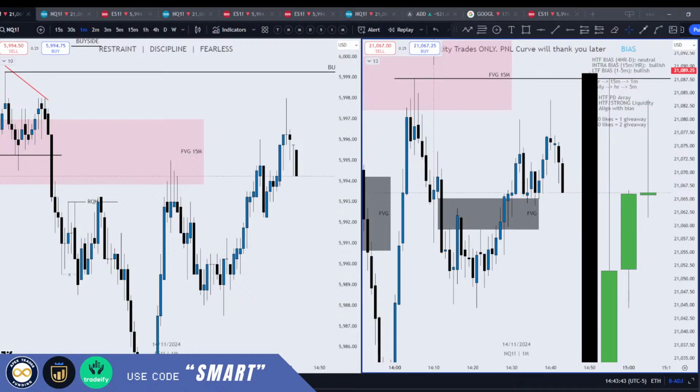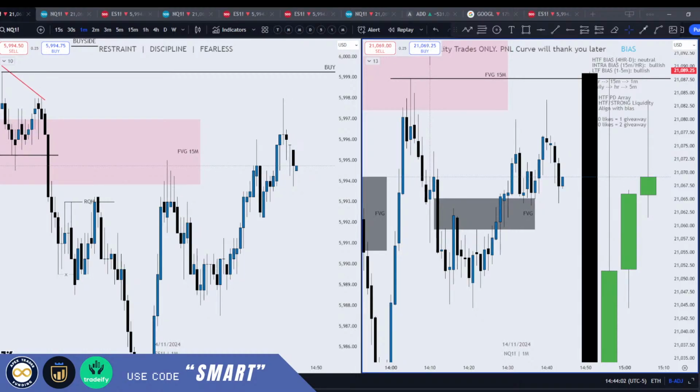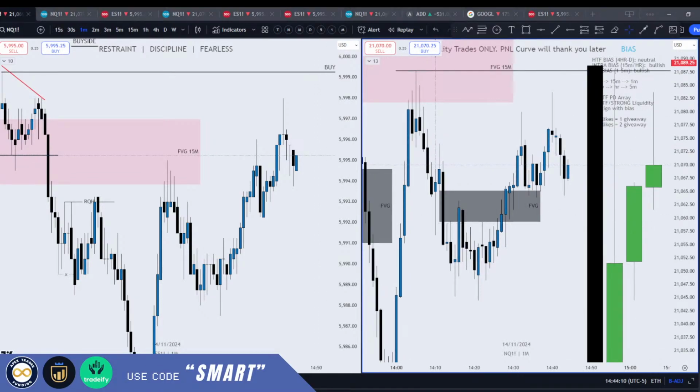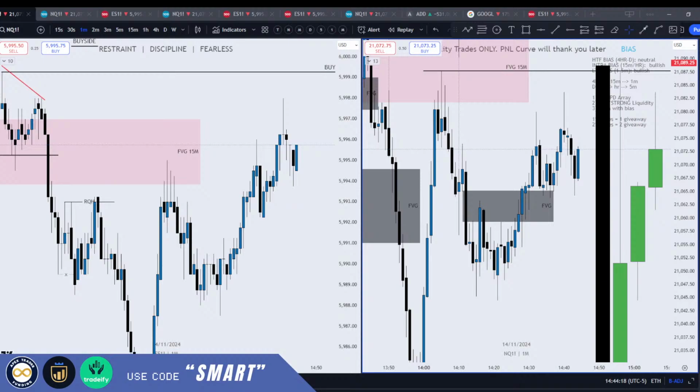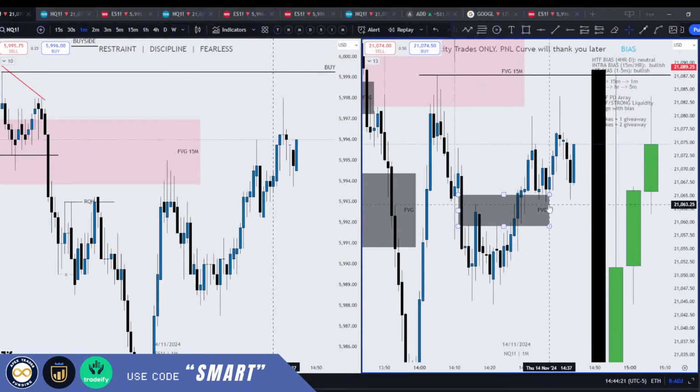Really, just took one main trade so far today, which is good. Got some lows here.